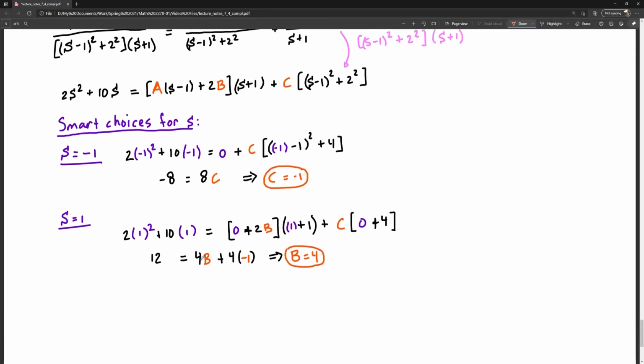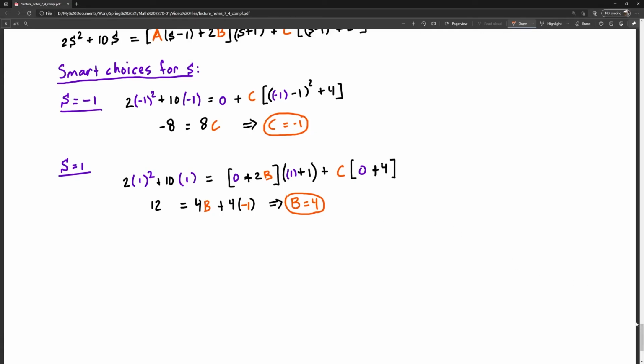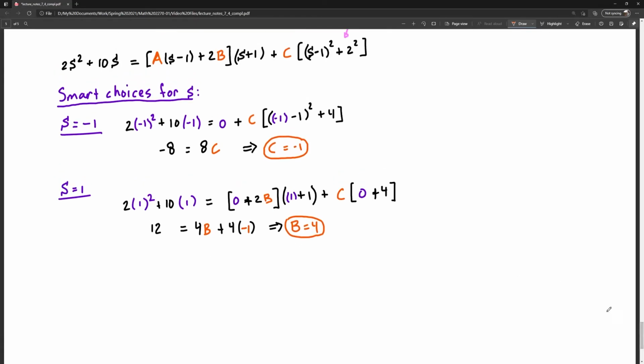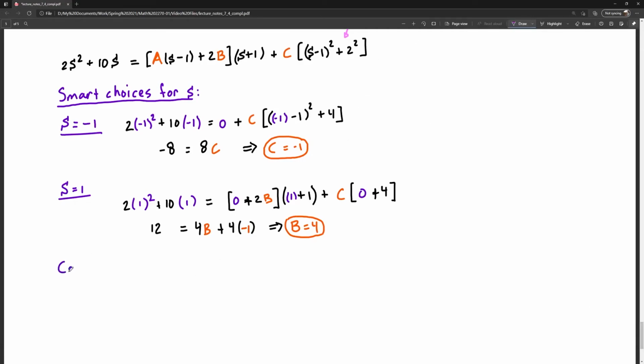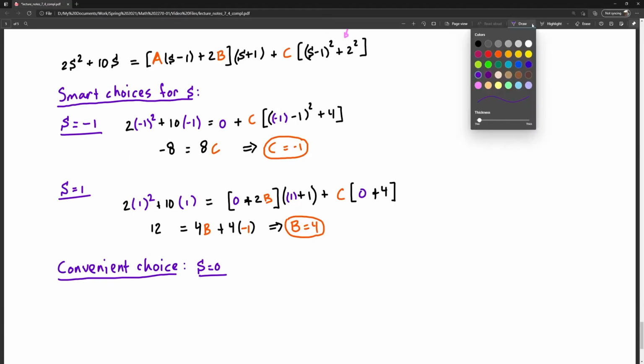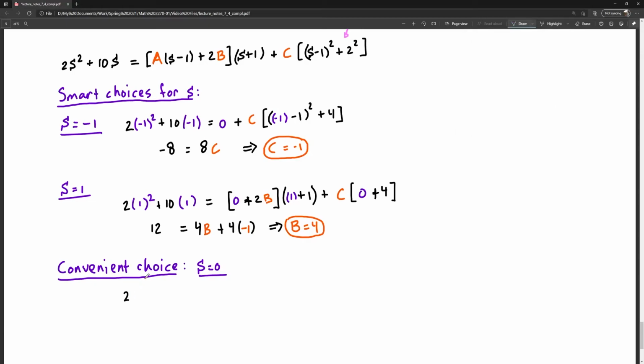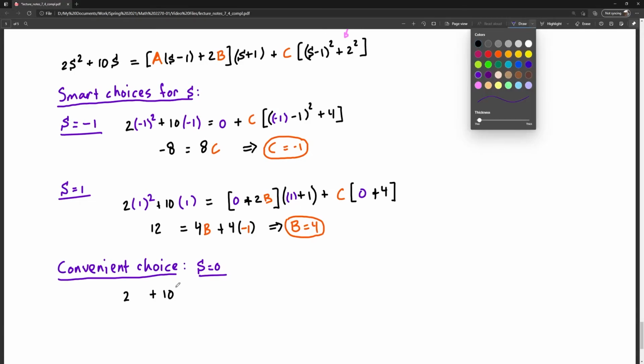Now, we don't really have smart choices anymore. We can just have a convenient choice. So convenient choice, let's pick s equals 0. And when you plug in 0 on the left, we get 2 times 0 squared plus 10 times 0.